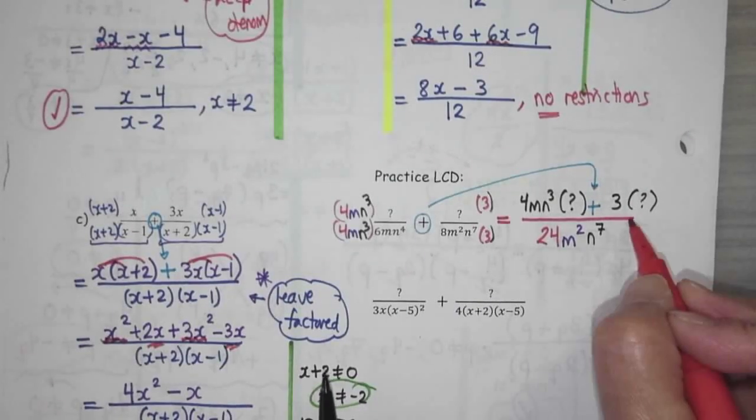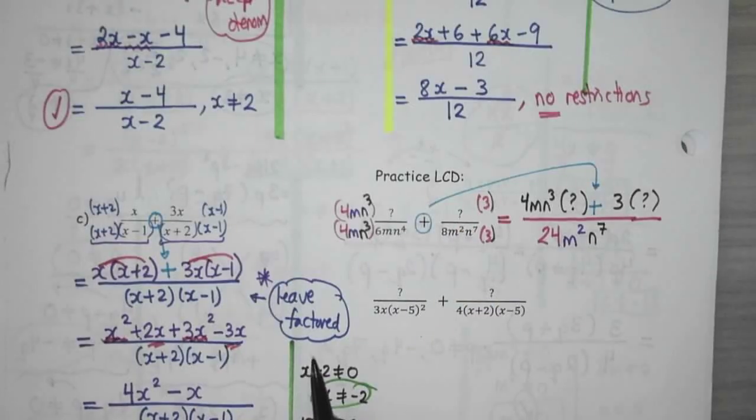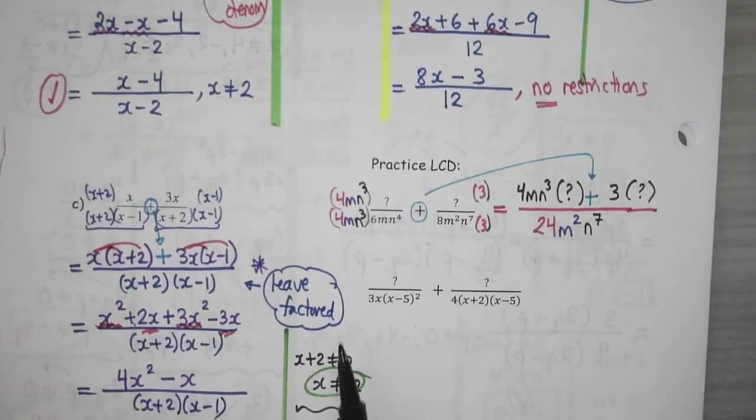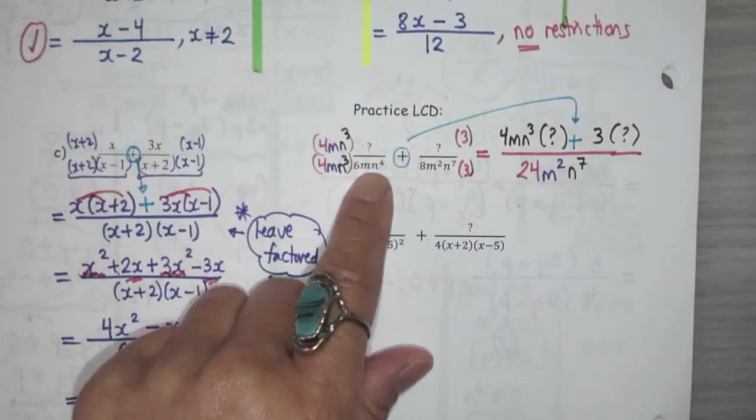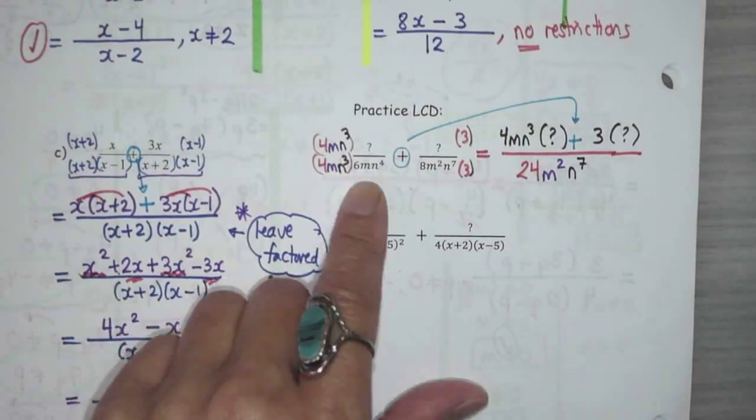Does that make sense? I didn't fill in the question mark. I just want to practice lowest common. So you're trying to make them become the lowest number you can make, but you can't take away anything.